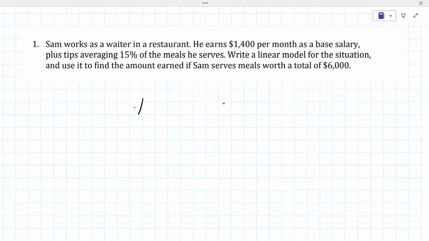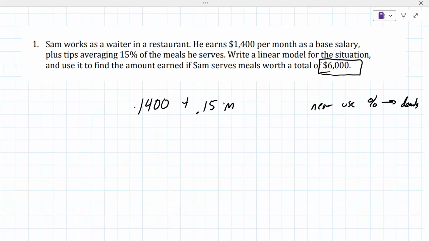Okay, so he gets $1,400 no matter what, plus 15% of the meals, we'll say M. You never use percents; you always convert percents to decimals. Now, they're telling you 6,000. Is that the value of M? Yeah.